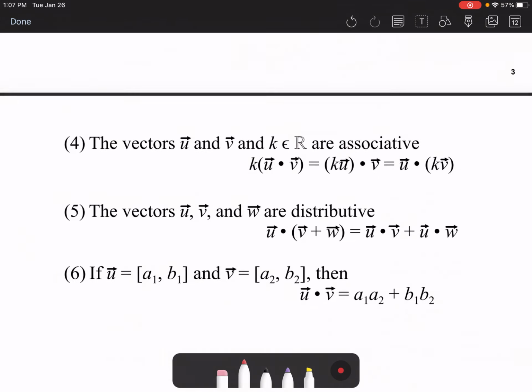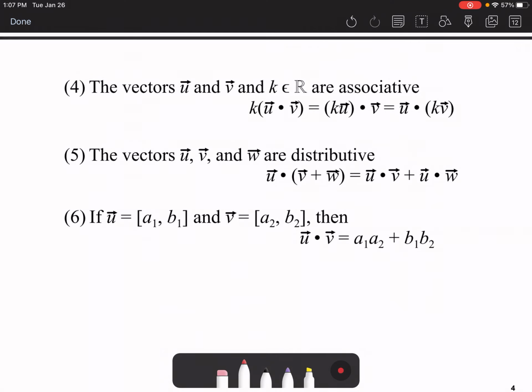Okay, some other properties. The vectors u and v are associative, with the value k being a real number. So if you take u dot v and you multiply it by k, you can also multiply k by any of the other two vectors and still apply the dot product. It also follows a distributive property.